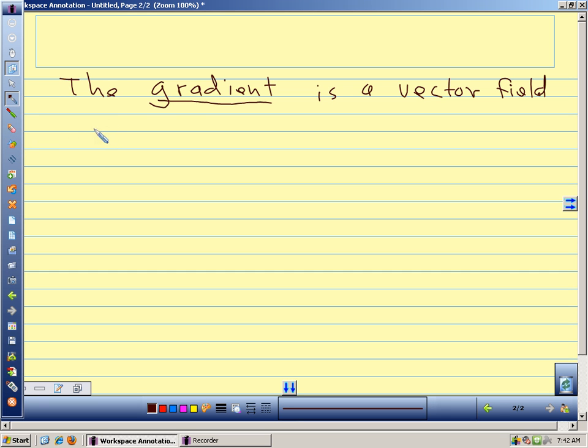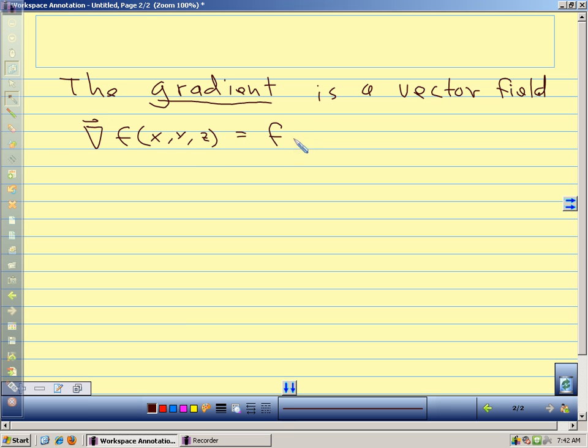So we have del. We defined the gradient of some function as f sub x i plus f sub y j plus f sub z k. So the gradient takes a point in space and assigns it a vector. So the gradient is going to play a big part in what we do in this chapter because from the gradient we can get vector fields.